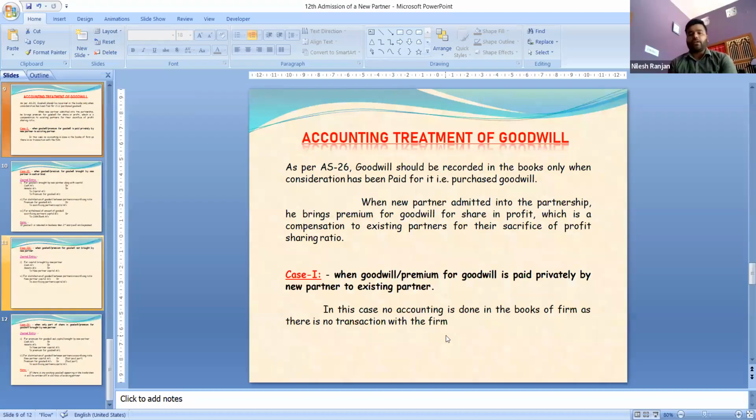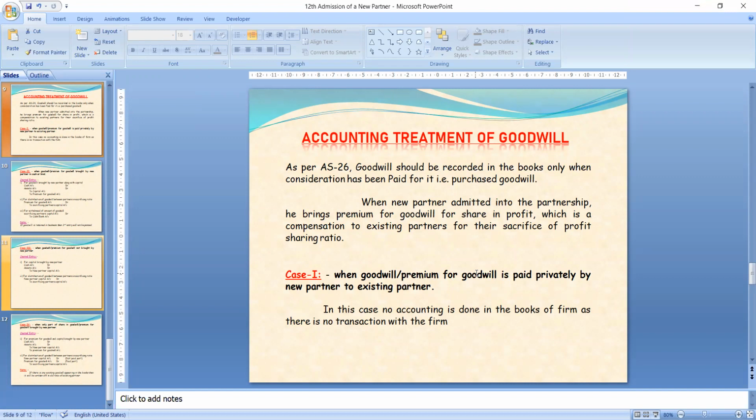Now, case 1. When goodwill or premium for goodwill is paid privately by new partner to existing partner, it means new partner is giving his share of goodwill to A and B privately, not through books of firm.